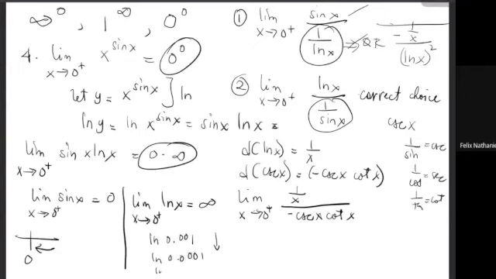So let's see. This 1 over x, I can write that in the denominator. Then I have a negative sign on top. It's the same. Then the cosecant of x, I can write as 1 over sine of x. Then the cotangent, I can write as the inverse of tangent. But what is tangent? Sine over cosine. So I can write that as cosine of x over sine of x. It's easier to evaluate this way.